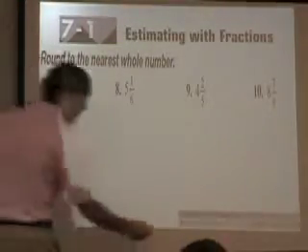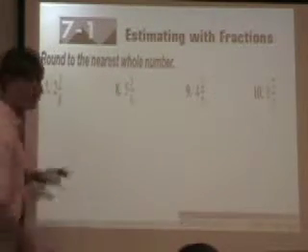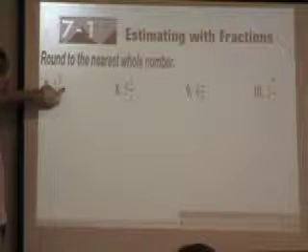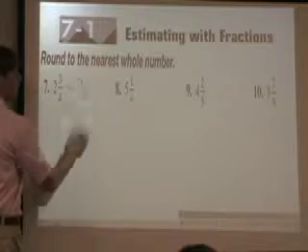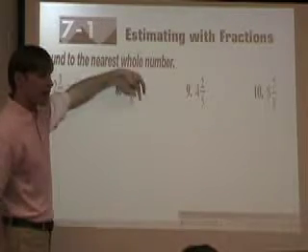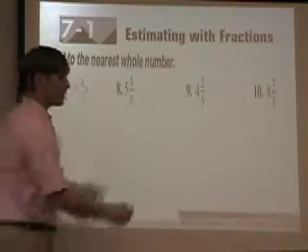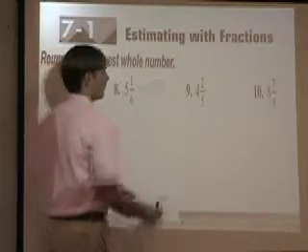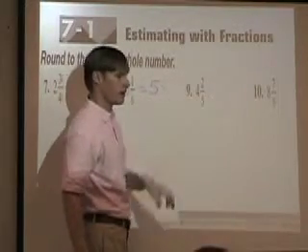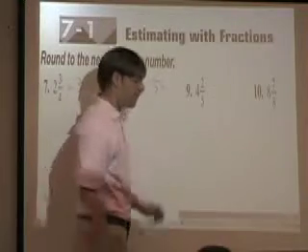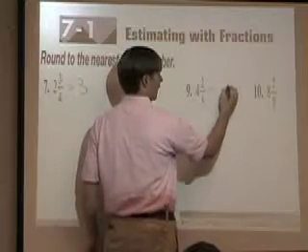Now we want to follow the instructions, which say round each to a whole number. 3/4 rounds to 1, so 2 3/4 rounds up to 3. 5 and 1/6: 1/6 goes down to 0, so 5 plus 0 is 5. 4 and 2/5: 2/5 rounds to 1/2, so I've got 4 plus 1/2, which is 4.5.